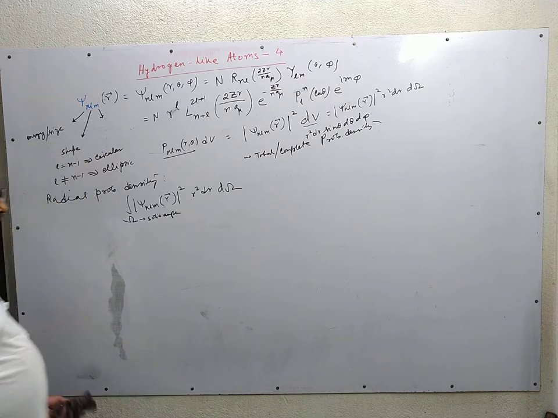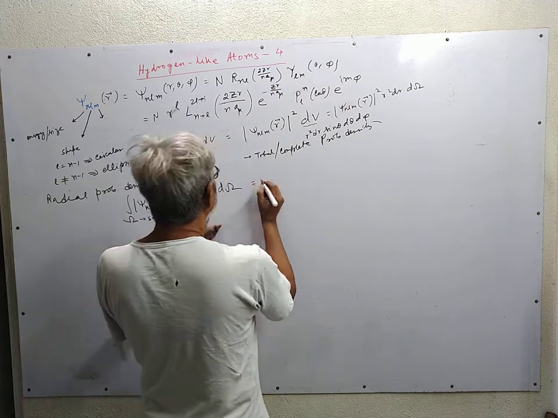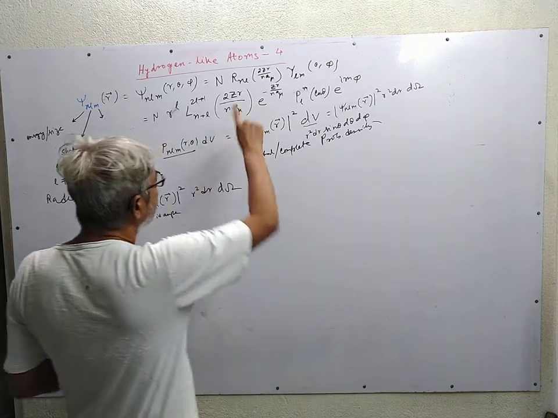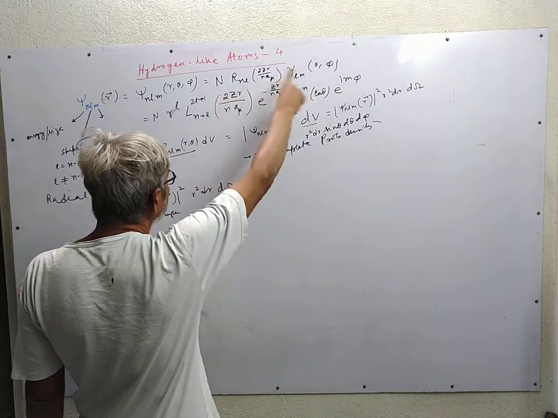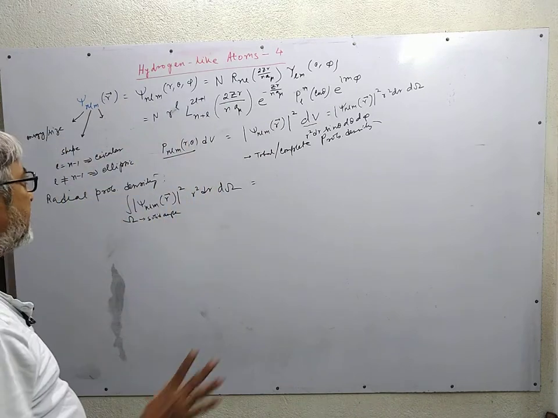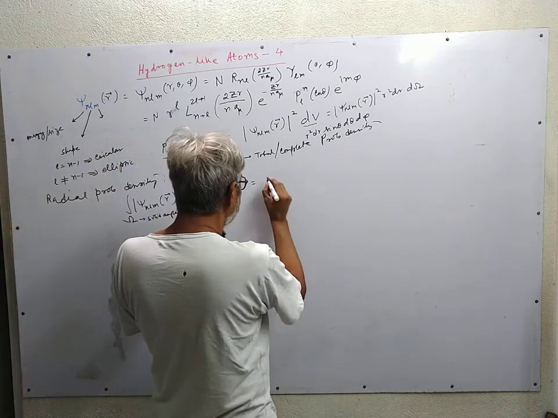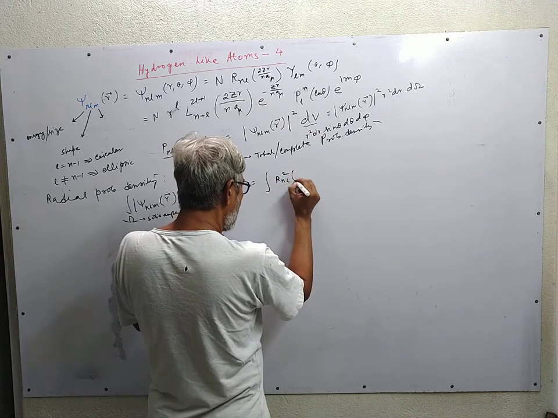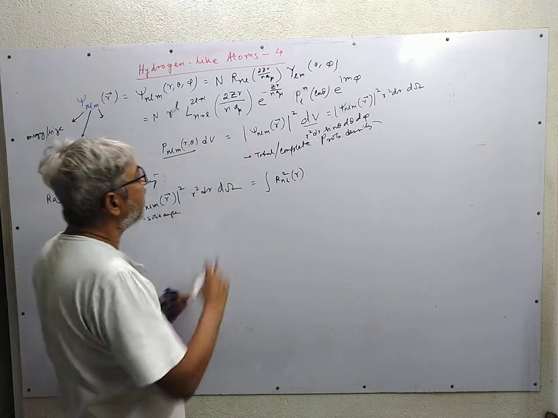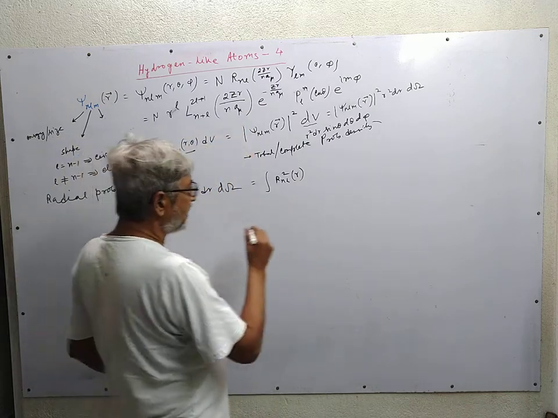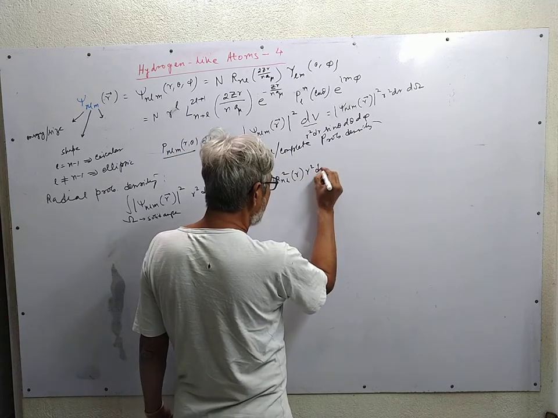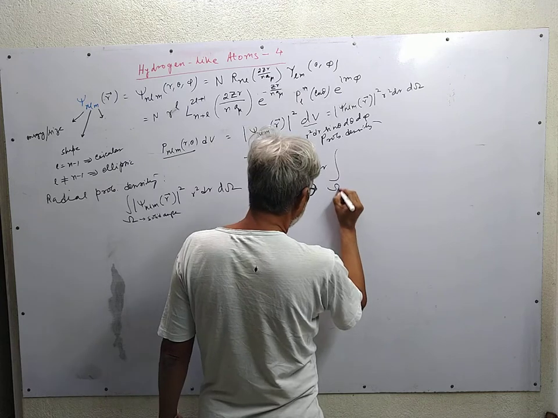So the resulting quantity that we will have is like this. There will be an angular part and a radial part. Recall that in this equation the angular part and radial part are normalized separately. So when we apply this, we will have RNL square of r from the radial part, square from this side, there is no integration, and then r square dr, and the integration is over omega.